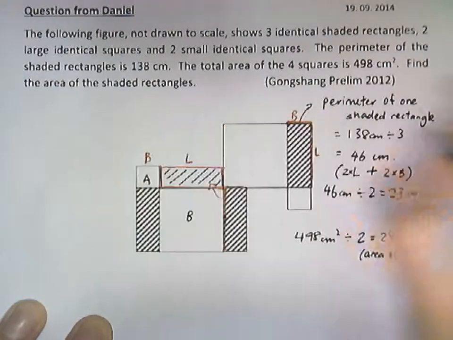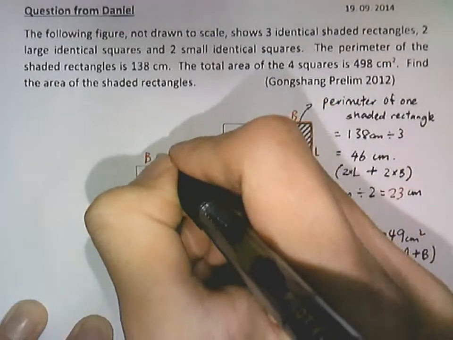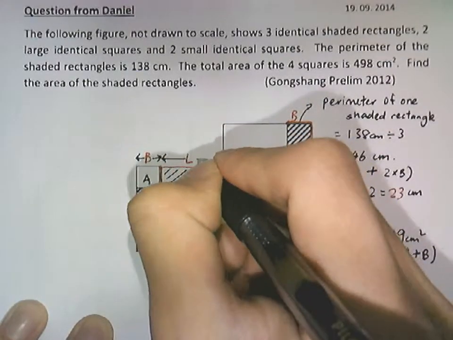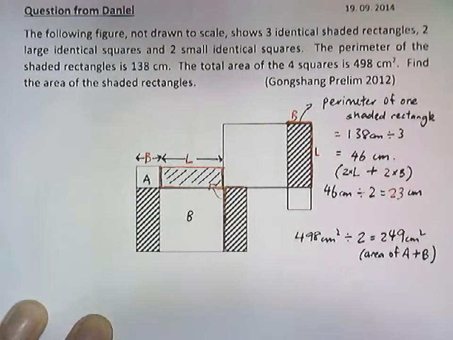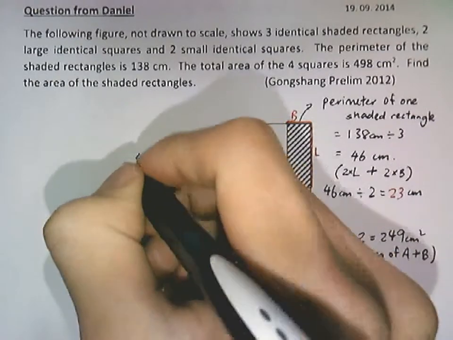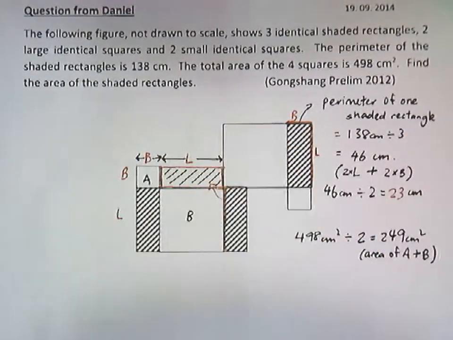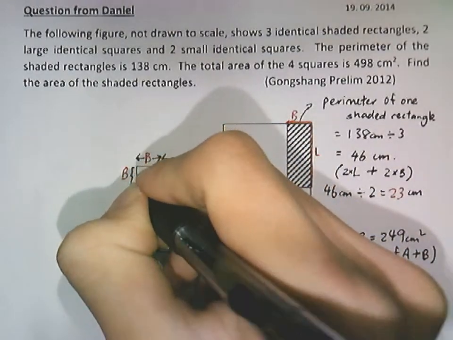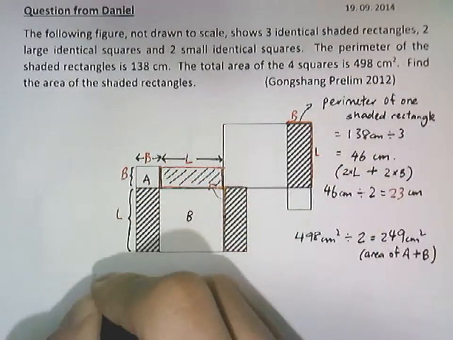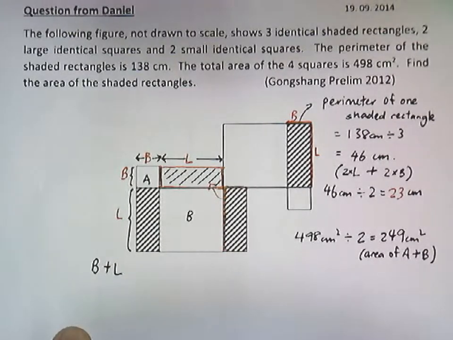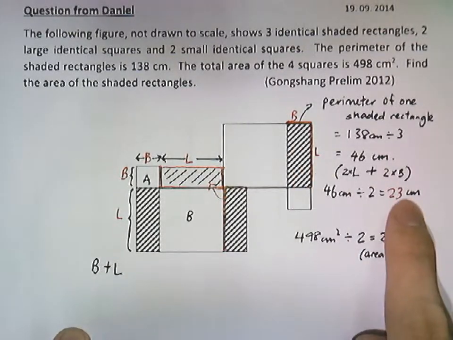I have 2 sides here and I get a bigger square, because this is B, this is L. You can look at the left side as well: this is B, this is L. We have known that B plus L, length and breadth, is equal to 23 centimeters.